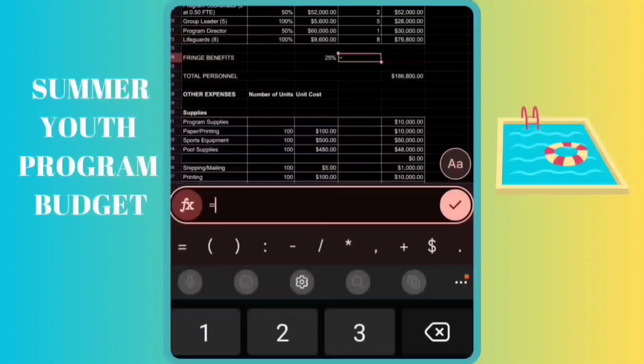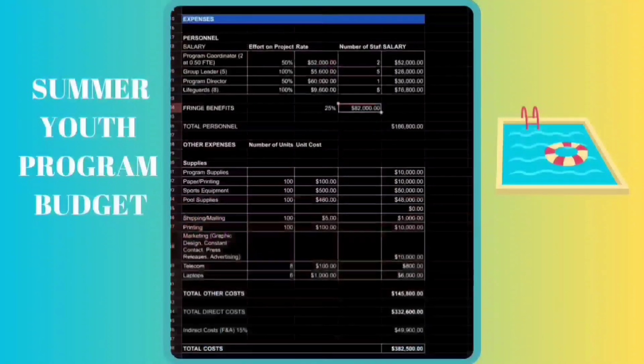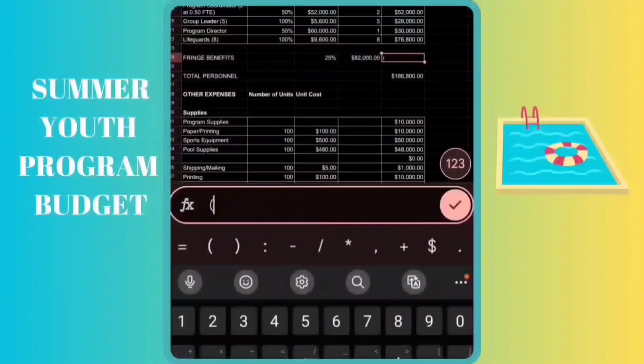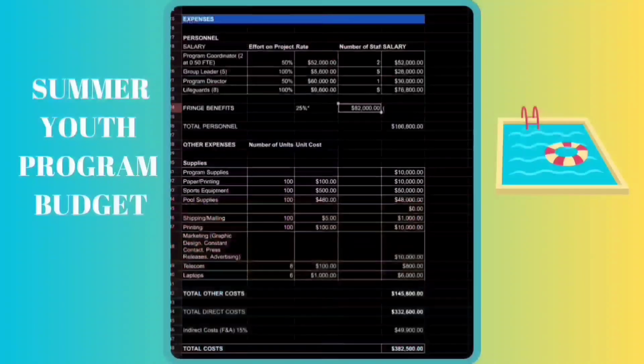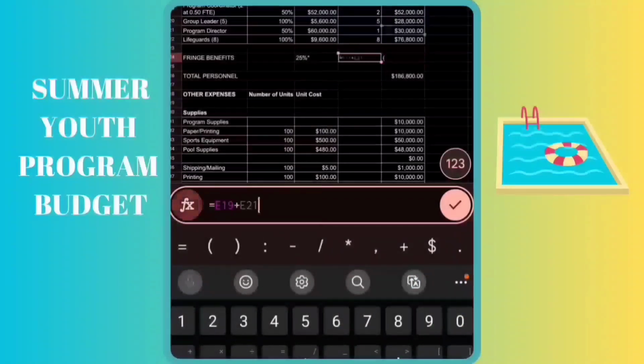That means the organization, on top of someone's salary, has to spend 25% of their salary additional onto fringe benefits. So this 25% rate in this case is going to be for full-time staff. We're going to say that the program director and program coordinators are going to be full-time staff.